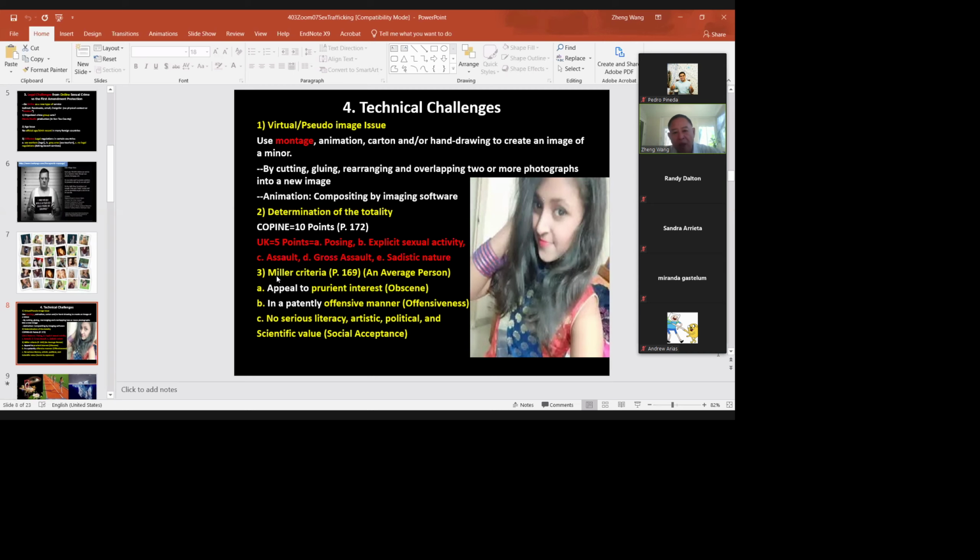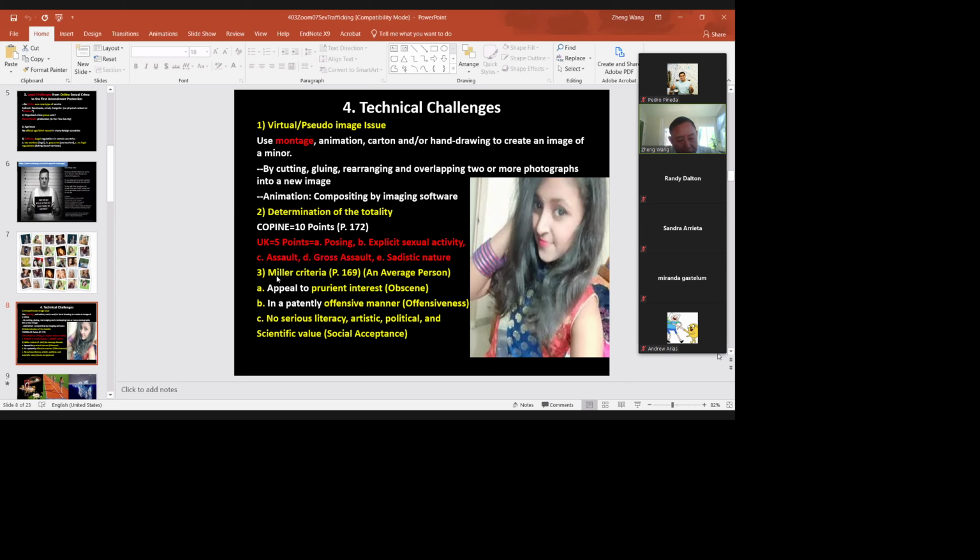Focus on the two. One is UK five points. The UK or European standard looks at how the girl poses her body. Number two is whether there are specific sexual activities going on.